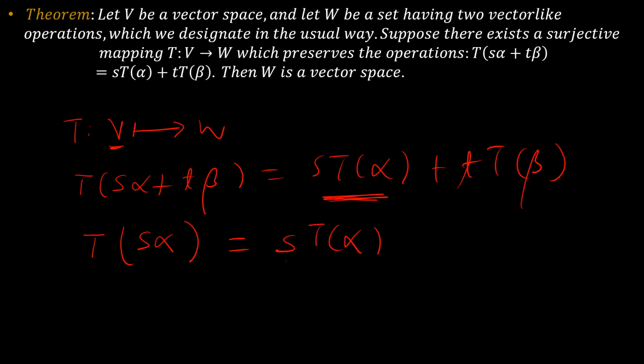And the moment this s is set to 0, because we're saying that s here is the real number, then we see that T0 equals 0. So the 0 in the V space is translated to a 0 in the W space, and essentially what is happening here is that because W is a vector space, but also has a null, it has a 0 or a null space, then W is a vector space. So that's an easy proof for us.